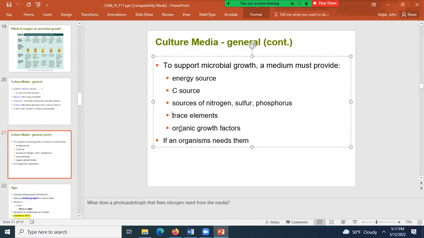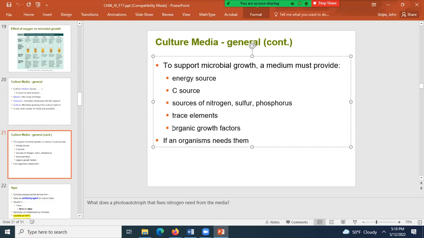If the bacteria you're growing requires organic growth factors, then the organic growth factors have to be supplied by the media.